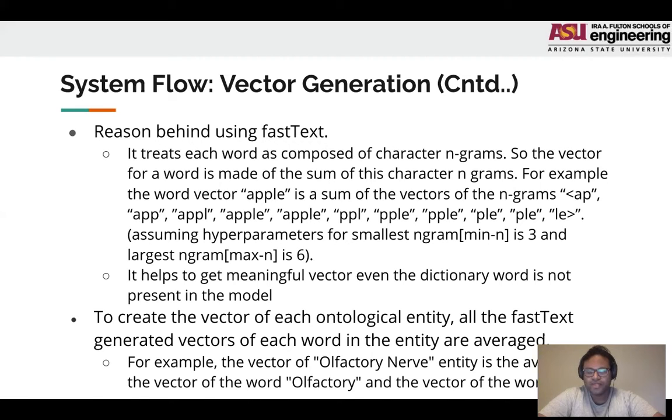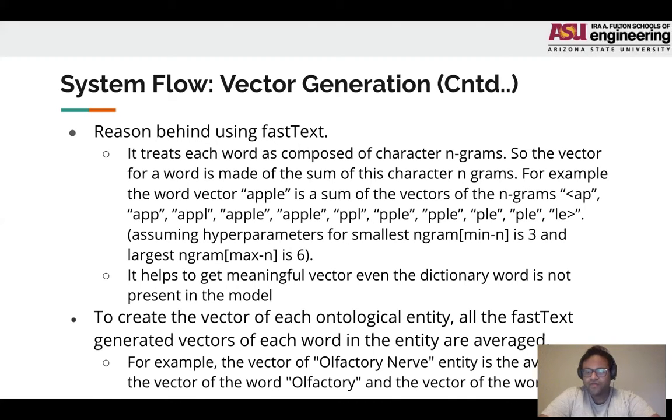So what happens in most of the cases is we do not get any meaningful vector for a particular entity. But what FastText does is, instead of giving an exception or a zero vector, it gives some meaningful vector, and it follows the n-gram method.